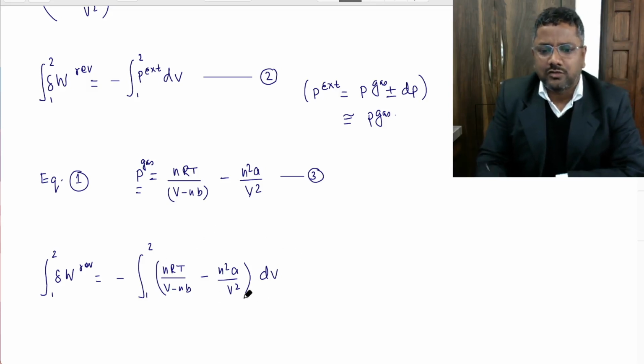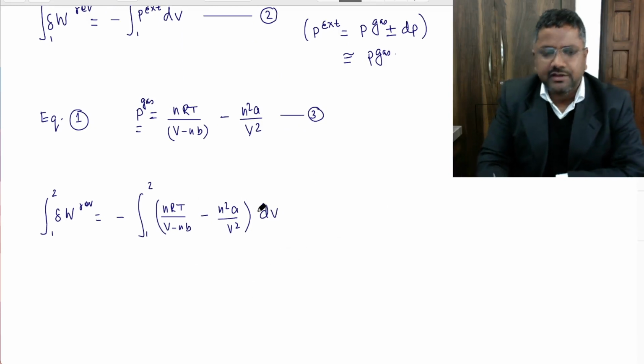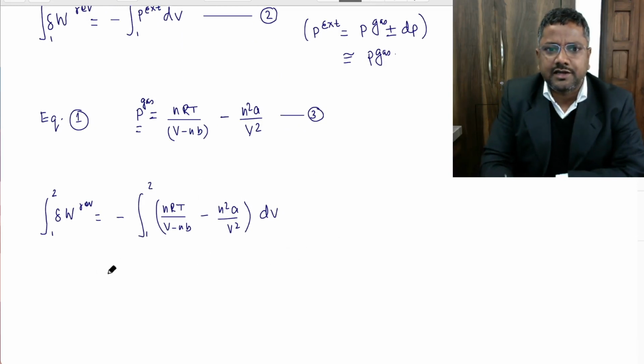Now all of you know the mathematics, and you can integrate this between the two limits 1 and 2. The variable is V here, and all other terms are constant.